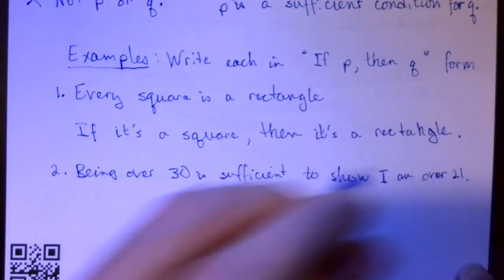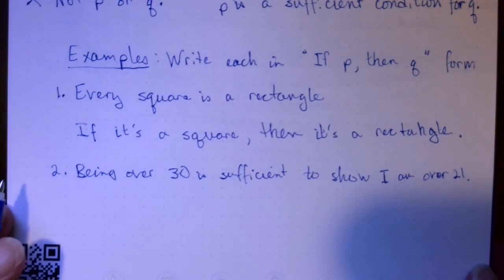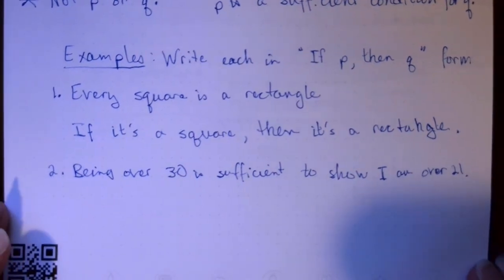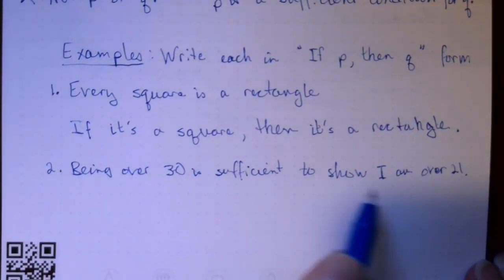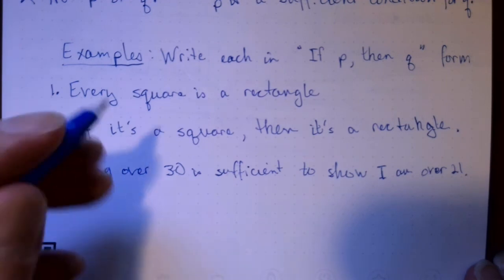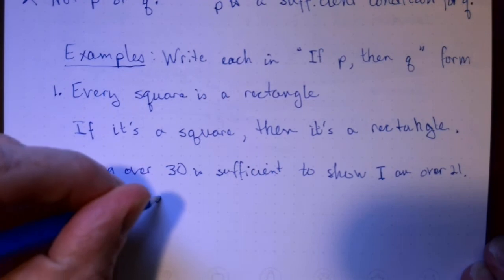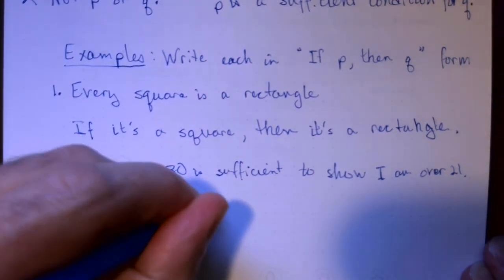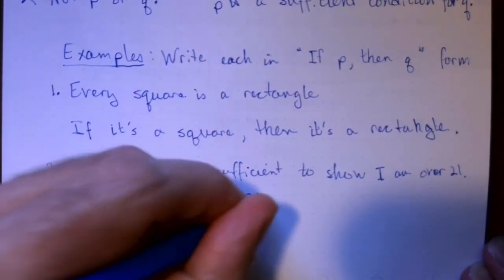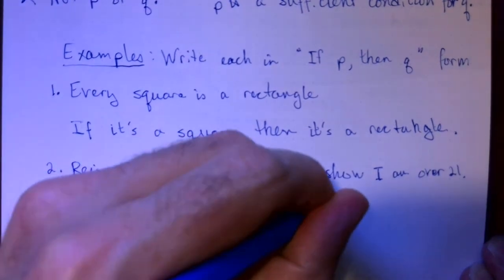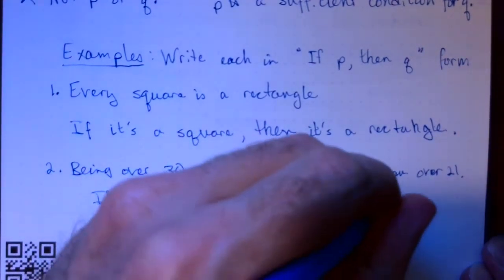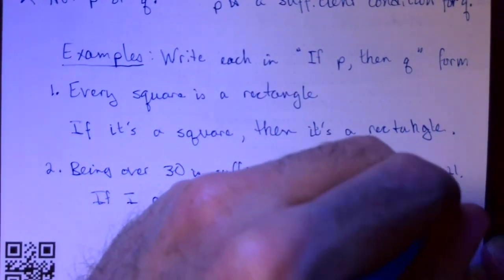Compare that to the poodle and dog example that we talked about just a minute ago. Being over 30 is sufficient to show I am over 21. If I am over 30, then I am over 21.